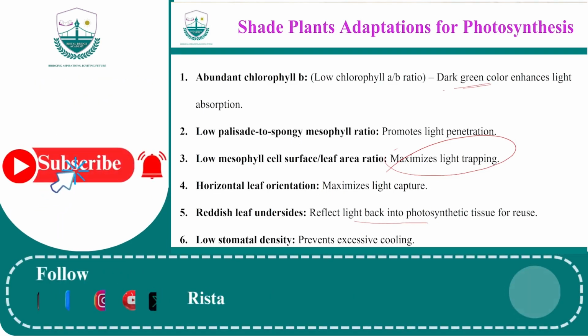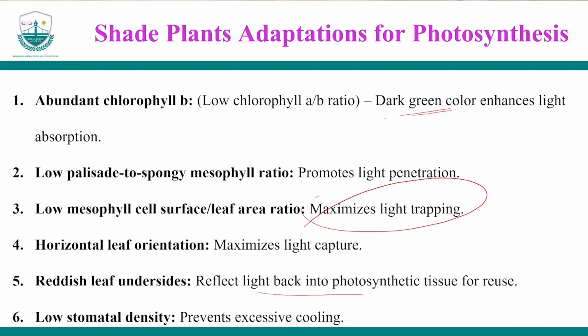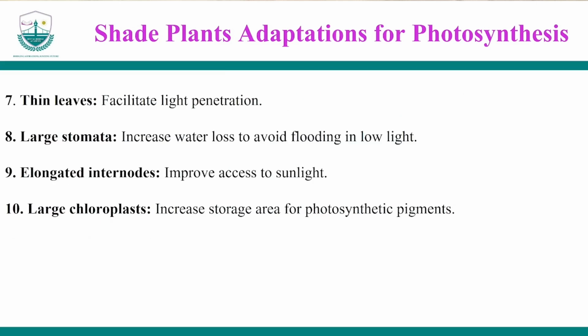So the cooling is not an issue with them, because you don't have the light energy resulting in that transpirational pull. That transpirational pull can cause cooling in other plants, but if you don't have a lot of stomata, you don't have this evaporation that will eventually cause the excessive cooling that we are talking about.